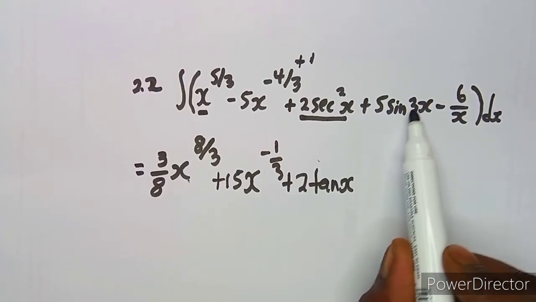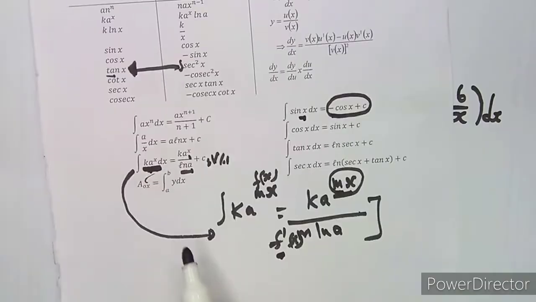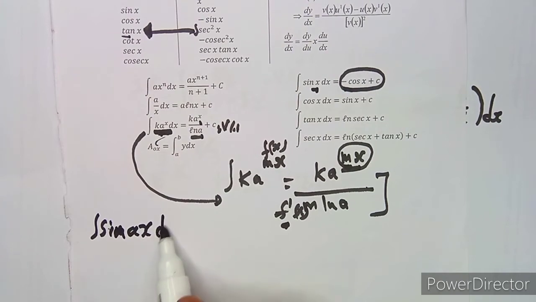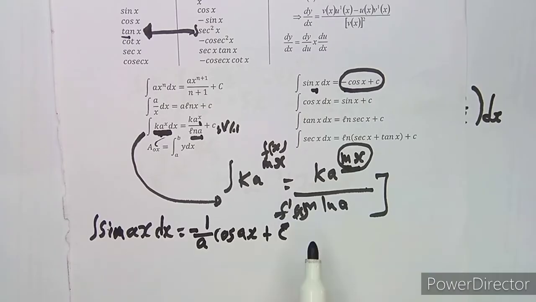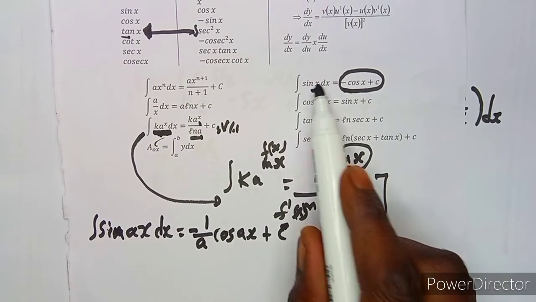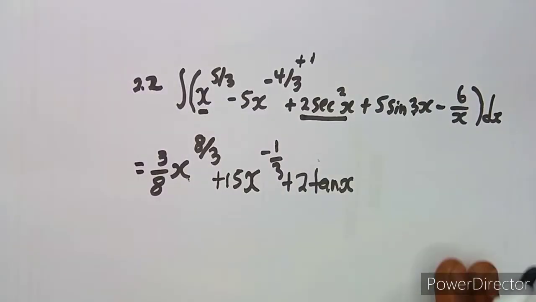So you divide this integral by a. The integral of sine ax dx is equal to minus 1 over a cos ax plus c. This was supposed to be the formula there, but you are not given that formula here. They just give you a sine x. So take note about that.